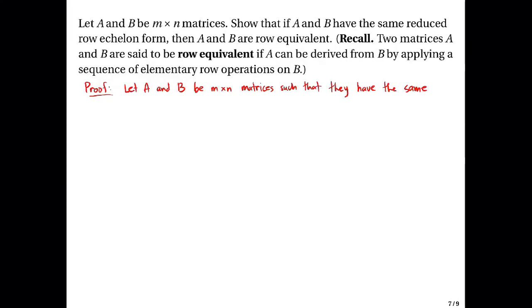Let's give a name for the reduced row echelon form. Let's say it's R.